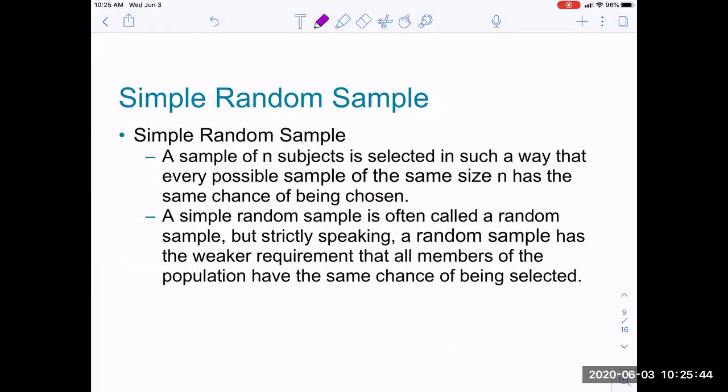Okay, here's a definition that's going to cause you pain in this course. I will cover this in depth in the next video, but right here, I'm going to cut it off. A random sample: all members of the population have the same chance of being selected. That's the definition of random. Same chance of being selected.